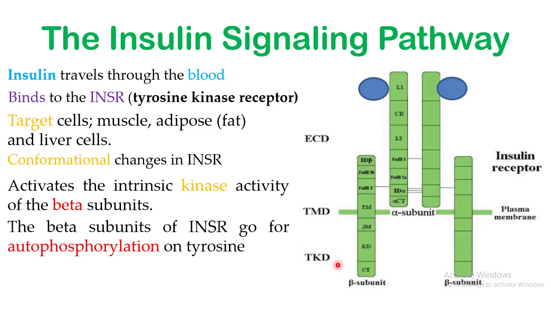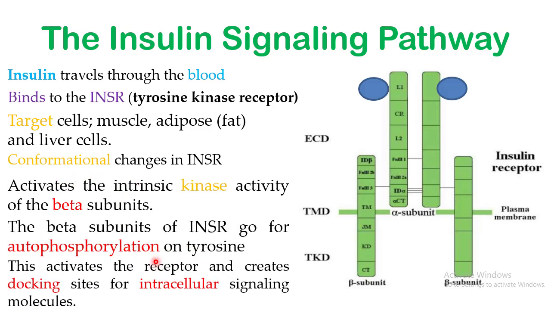It is going to add a phosphate group on the tyrosine amino acid present in this beta subunit, as well as on the tyrosine amino acid present in the other beta subunit. So they are going for autophosphorylation. They are not phosphorylating any other substrate at this particular time. They are phosphorylating themselves on the tyrosine amino acid. Therefore, we call this autophosphorylation.